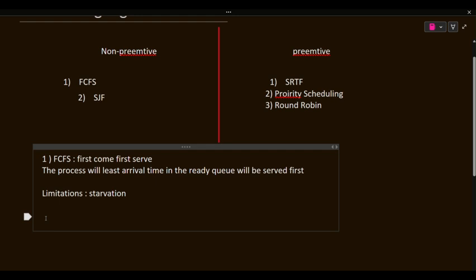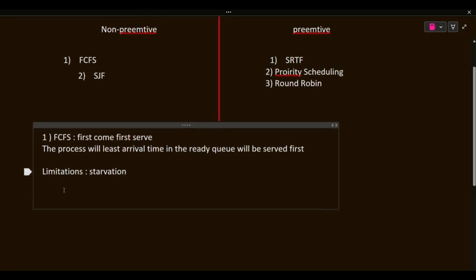If a process with a high burst time arrives first, and the remaining processes with least burst time are waiting until the longest process completes its execution, which causes starvation for the small processes waiting in the ready queue.